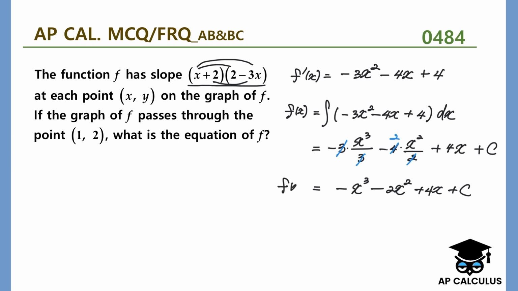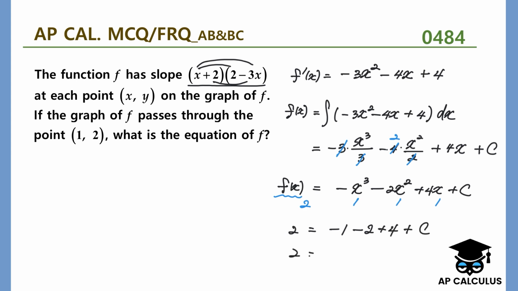That's f of x. And here it says f passes through the point (1, 2), right? Which means when x is 1, y is equal to 2, right? So 2 is equal to negative 1 minus 2 plus 4 plus c.